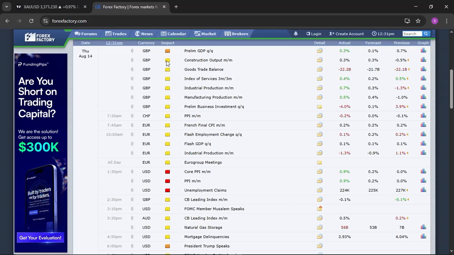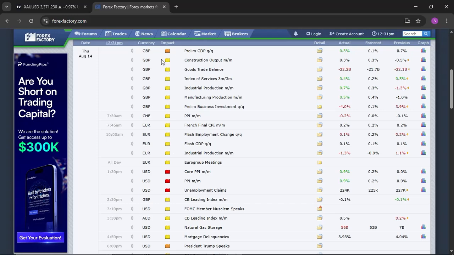So anywhere you see this yellow box, if you see a news with yellow box, it means the news is low impact, low or no impact. It doesn't have impact. Even if the data comes out, it doesn't change the movement of the market. You won't even notice that there's a news, because the news doesn't have much impact on the market.